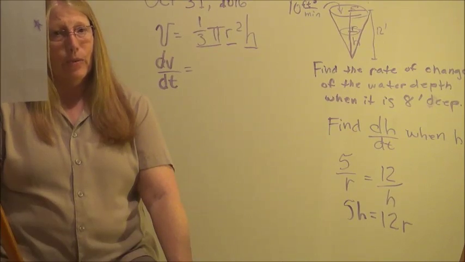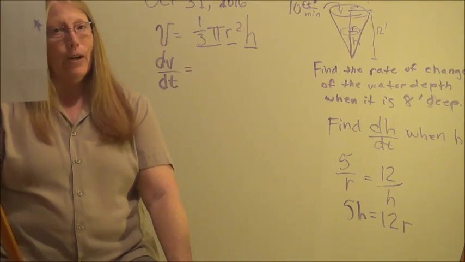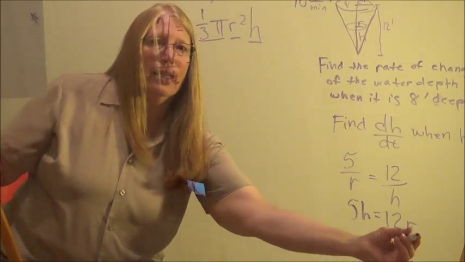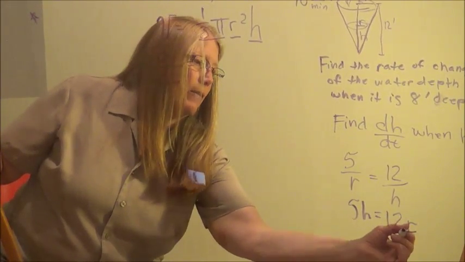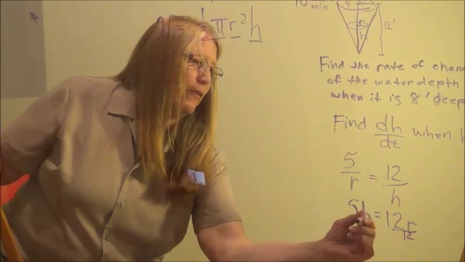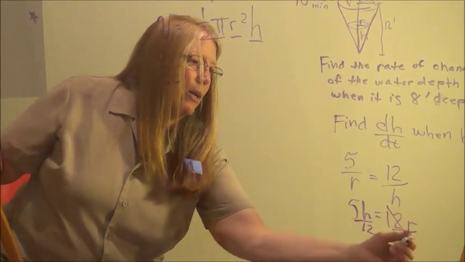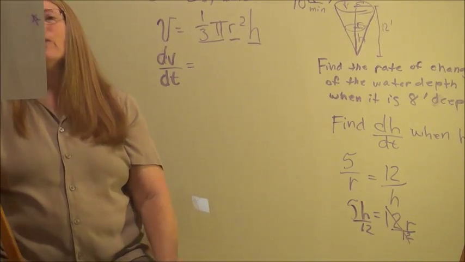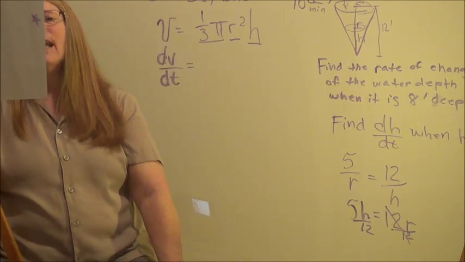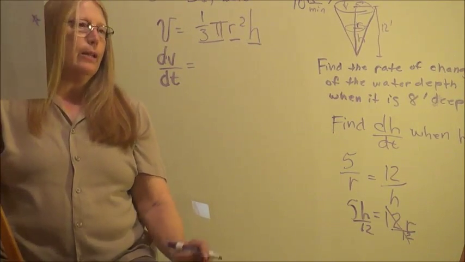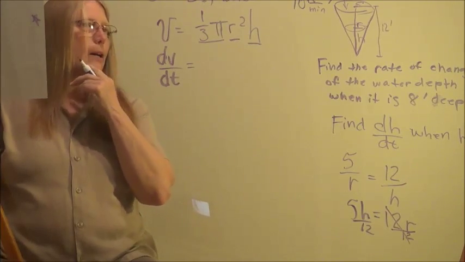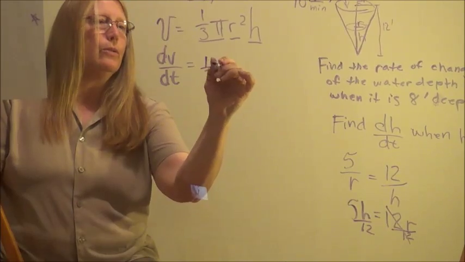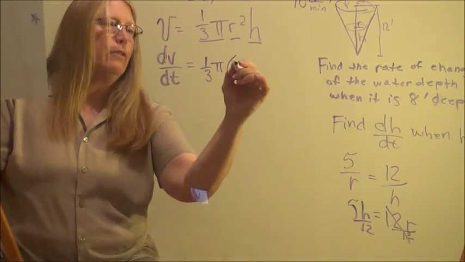So let's go the other way. Let's solve this for r in terms of h. So I'm going to get r by itself, and I divide both sides by 12. I get r equals 5/12 h.